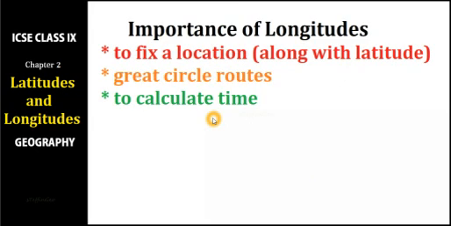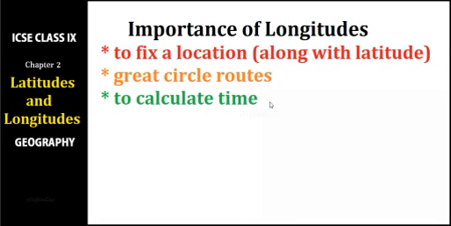Now, importance. We have seen this already in the previous video. Latitudes along with longitudes can fix any place on Earth, so longitudes are also important for locating places on Earth. Second, great circle routes. Longitudes form great circle routes. We will see this topic in detail; that's the next topic.